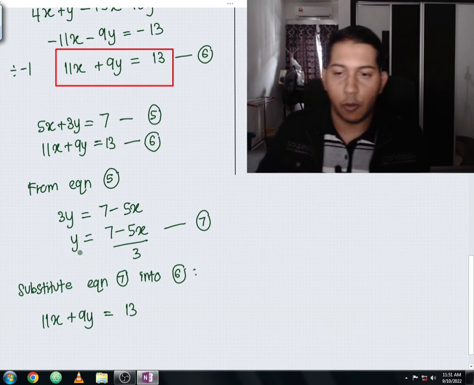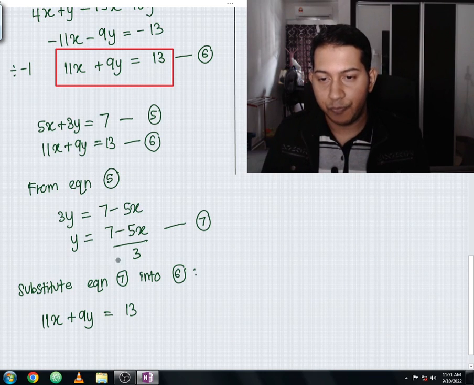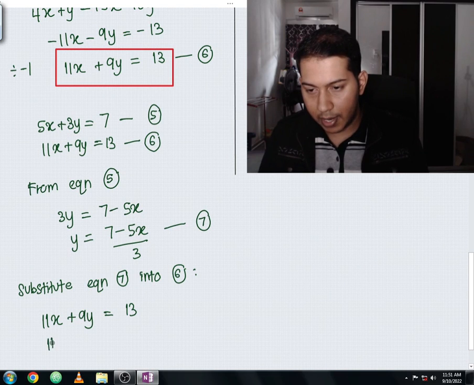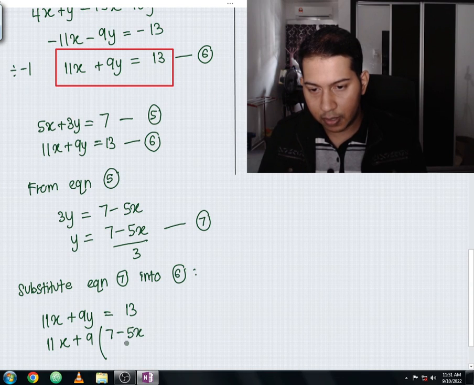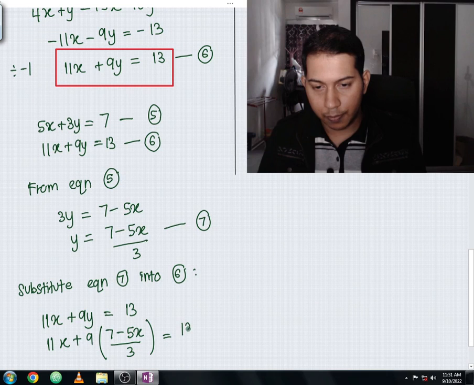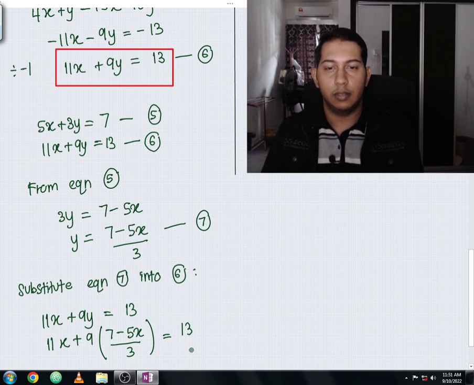Since we know that our y is equal to (7 minus 5x) over 3, we're going to substitute this equation over here. So 11x plus 9 times (7 minus 5x over 3) close bracket equals 13.